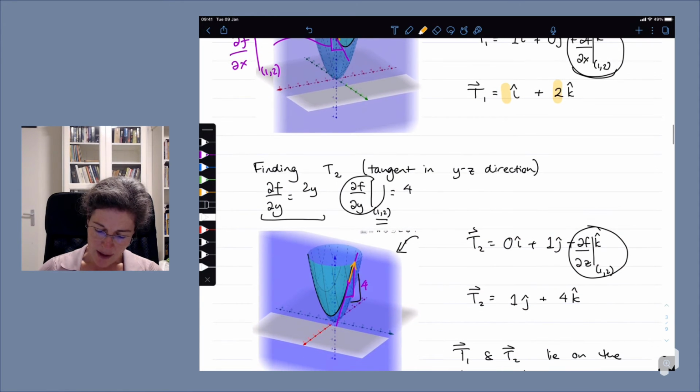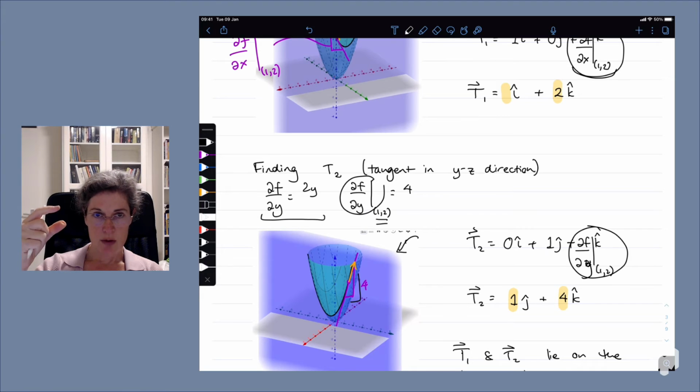And similarly, we had a 1 change in the y direction, resulting in a df by dy. Oops, that shouldn't be a z, that should be a y over there. A 4 unit, which was df by dy evaluated, in the k direction.